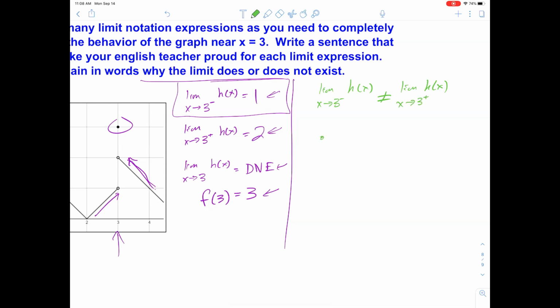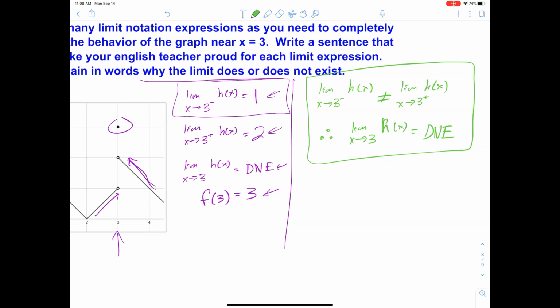And then you can say, therefore, the general limit, h of x, not f of x, I'm so used to writing that, does not exist. So those symbols right there together give a full and complete description of why the limit does not exist.